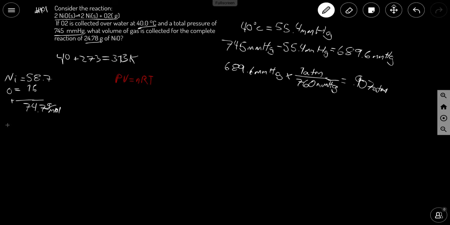So let's go ahead and do stoichiometry. 24.78 grams NiO, giving me 0.332 moles.